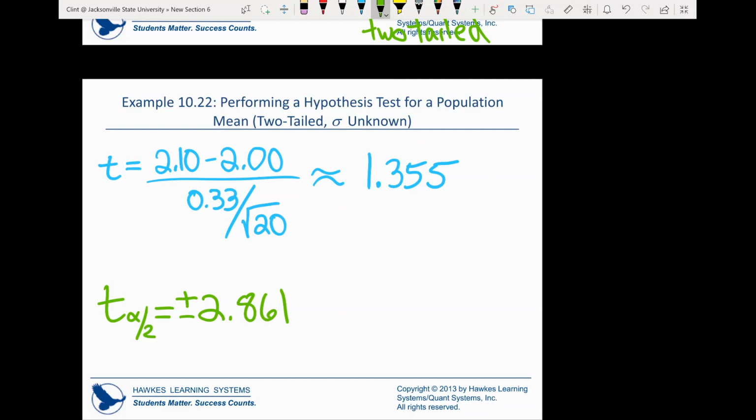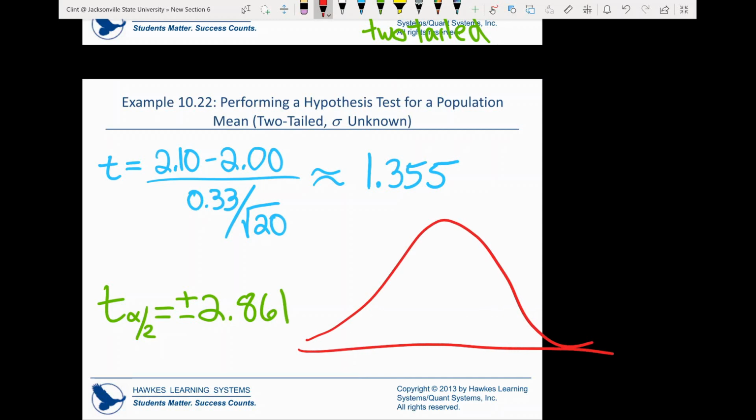Okay, so the picture of what's happening here: we've got our curve, we've got our critical t's on here, negative 2.861, positive 2.861, and our test statistic is somewhere right here in the middle, 1.355.